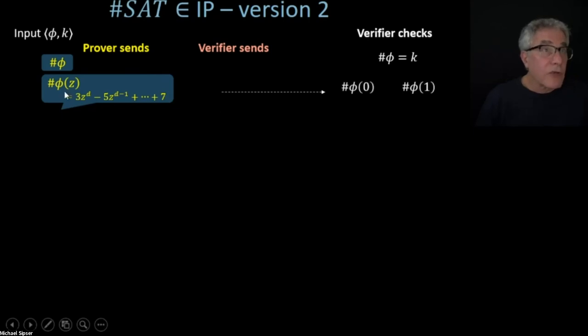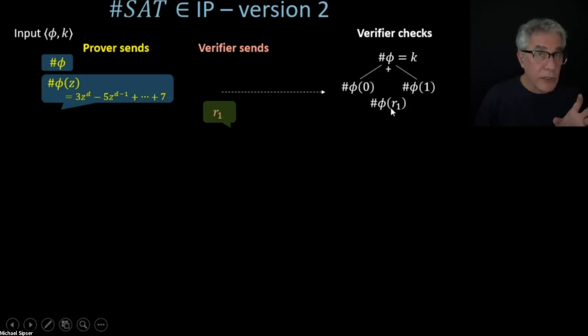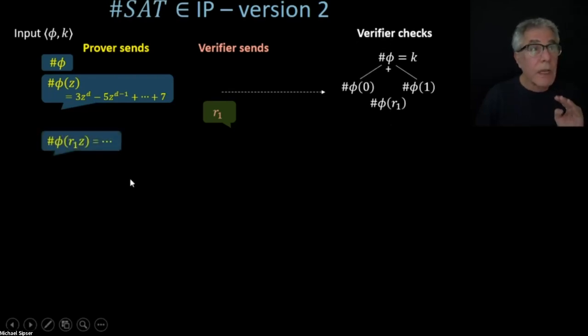And then from that polynomial, the verifier can plug in 0 and 1 and see that it adds up. Now the verifier, to check that this polynomial is correct, picks a random value to evaluate this polynomial on. And so now it's going to have to check that this is correct. So this is nothing to check. You're just writing this down in anticipation of the next check.